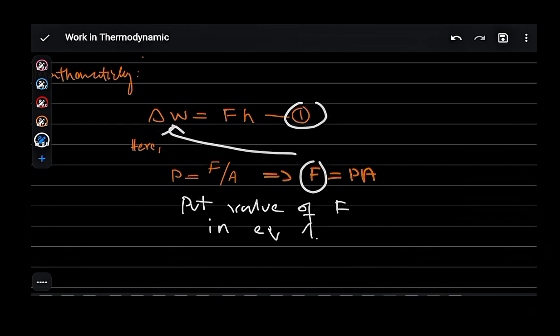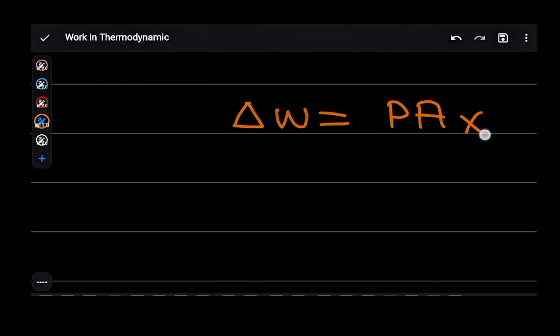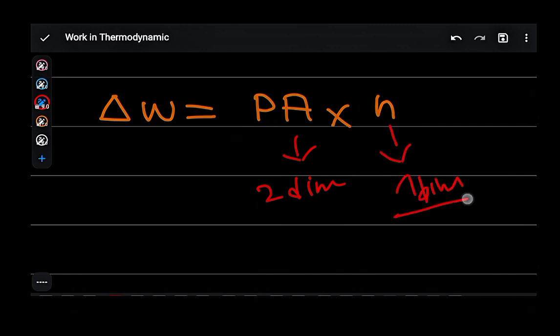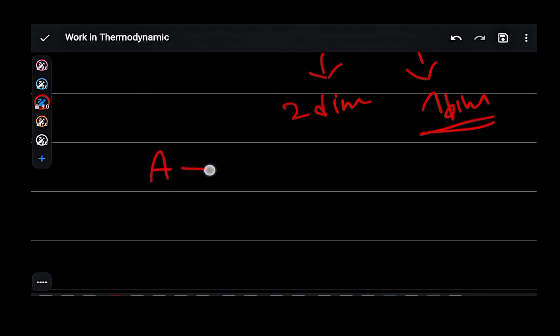So W is equal to PA multiplied by H. As you know, area is two-dimensional while height is one-dimensional.